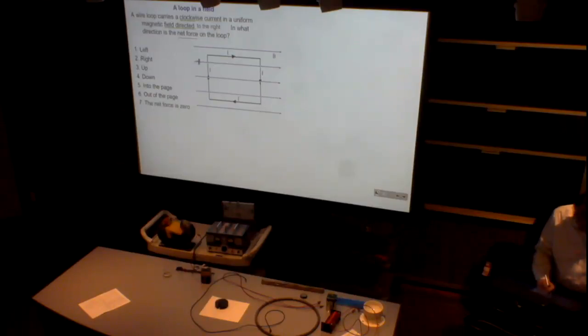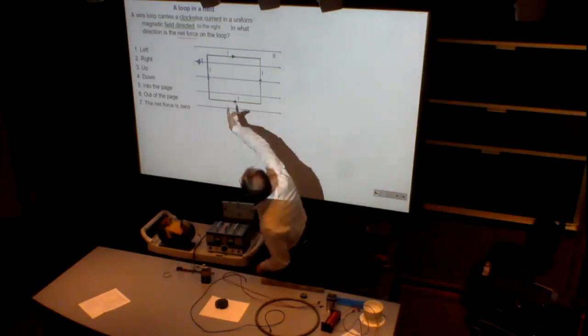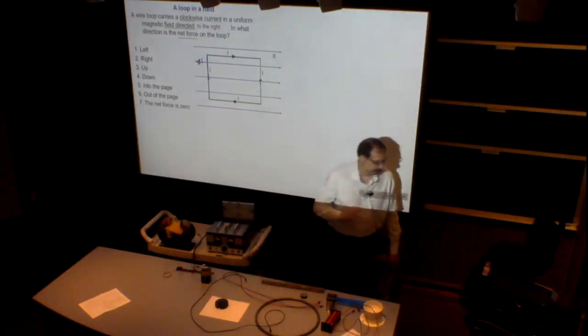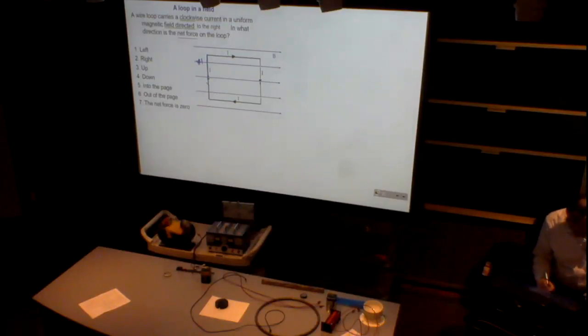Number 1, what is the direction of a force acting from the magnetic field on this side? Yes, into the page, perfect, into the page. And the symbol for that is this. That's force number 1.